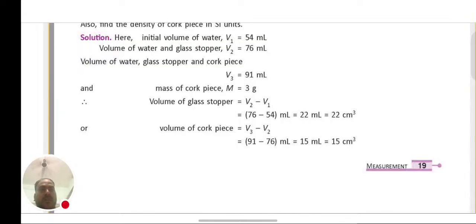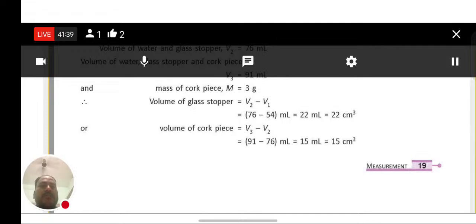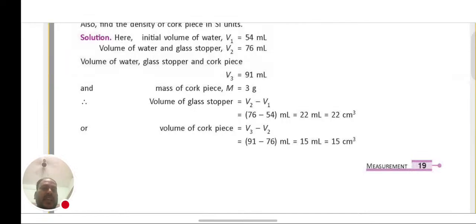So 22 ml equals 22 centimeter cube. Next we have to do V3 minus V2. So V3 is 91 minus 76 ml, and we get 15 ml. Converting 15 ml into centimeter cube, we get 15 centimeter cube.